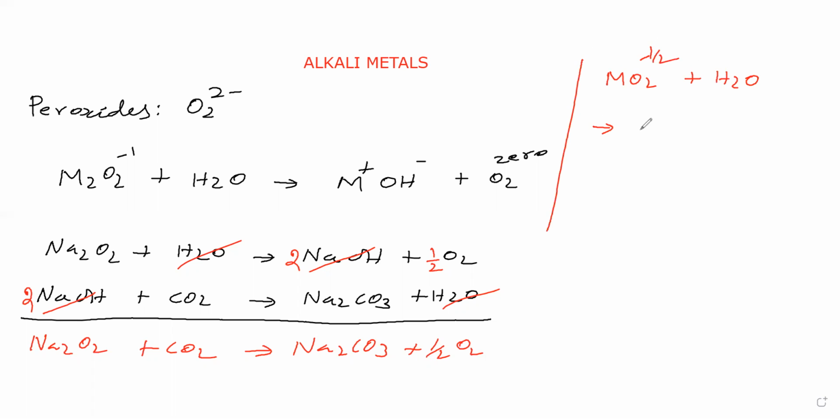This -1/2 becomes 0, and this -1/2 becomes -2. This -1/2 becomes -1. So for two oxygens, it becomes 0, and for the other two oxygens, it becomes -1. Therefore, we will take 2 times.